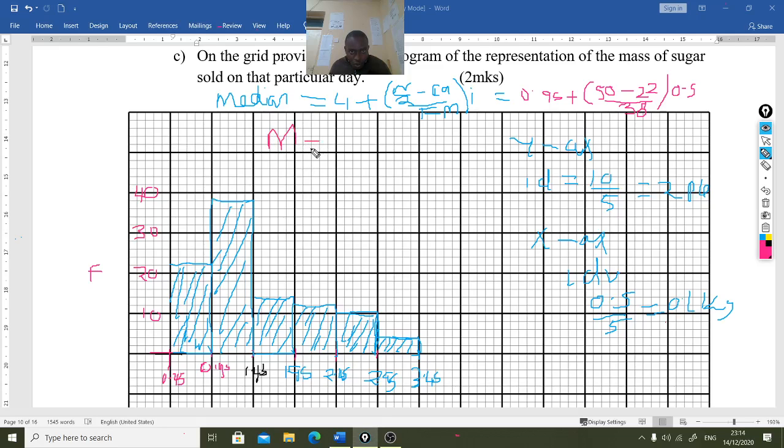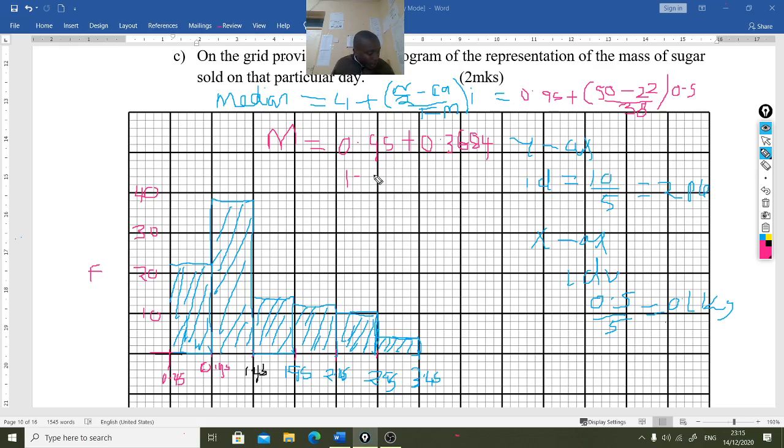Our median equals 0.95 plus 0.3684. When you add the two, it gives you 1.32.